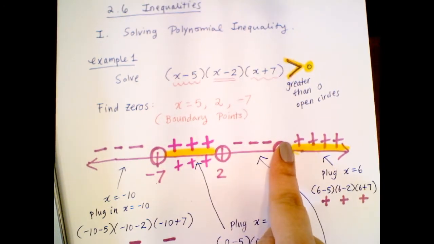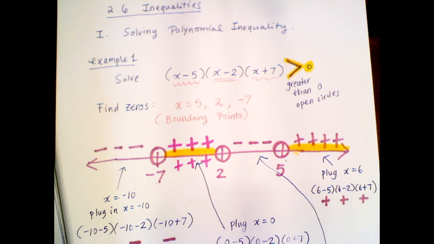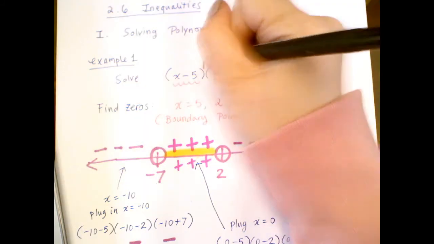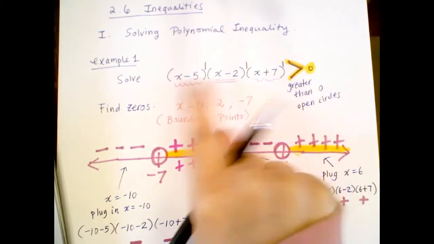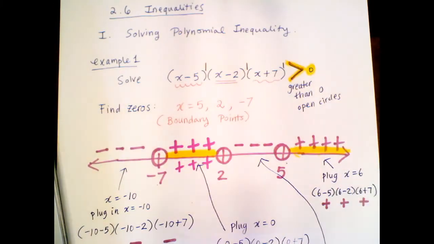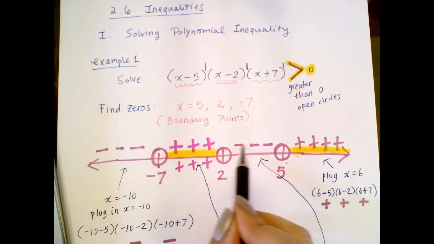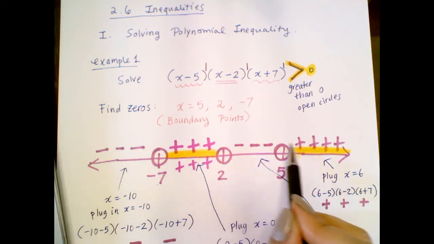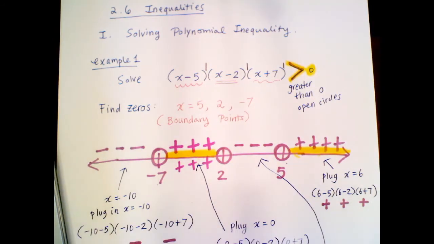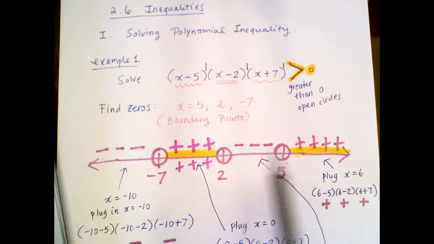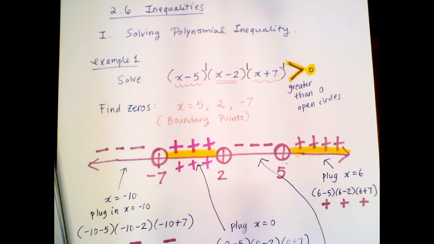And you were expecting this because the multiplicity of these zeros are all 1, one being an odd number, so the graph will cross. Negative to positive, it crossed. Positive to negative, it crossed. Negative to positive, it crossed. So instead of plugging in 4 different numbers to test these intervals, you can use that, but it's not always going to cross, okay? So maybe the second one, I'll show you a case where it's not going to cross.